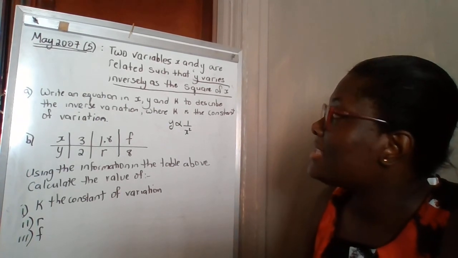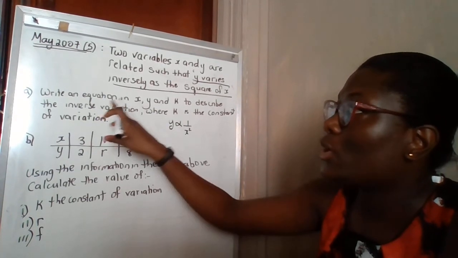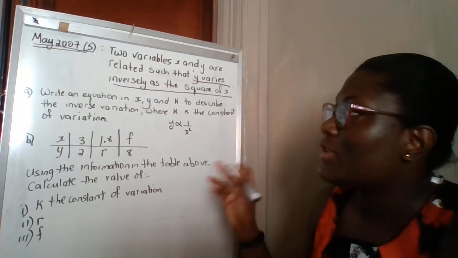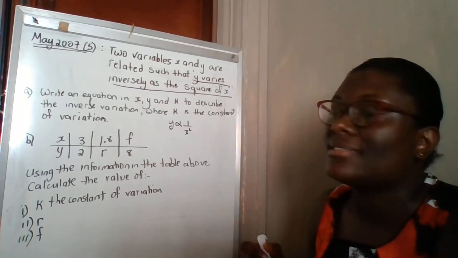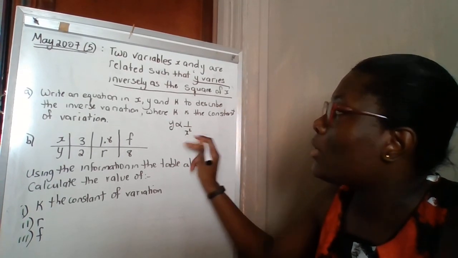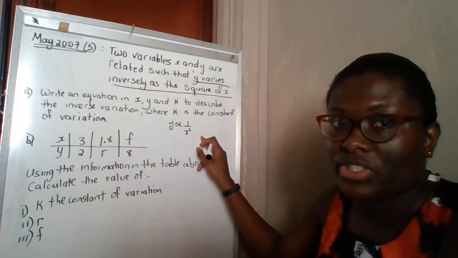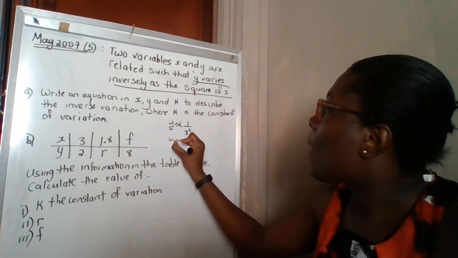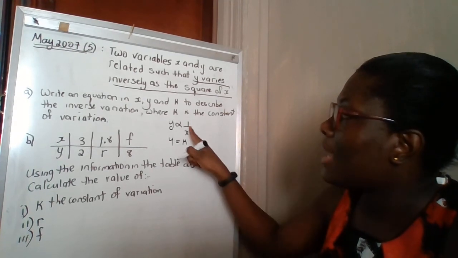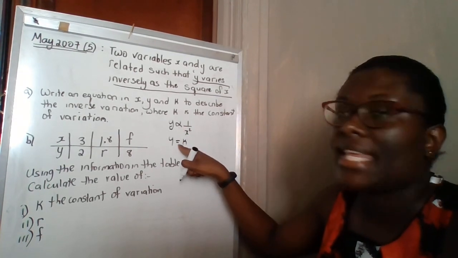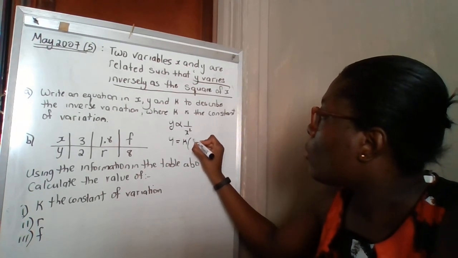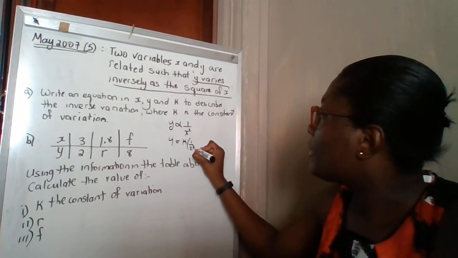Now, because it says here that we are supposed to write an equation in x, y, and k to describe the inverse variation where k is the constant of variation, what we're doing here is rewriting this expression. So we have y is equal to k, because all I've done was replace this symbol with an equal sign and a constant of proportionality, 1 over x squared.